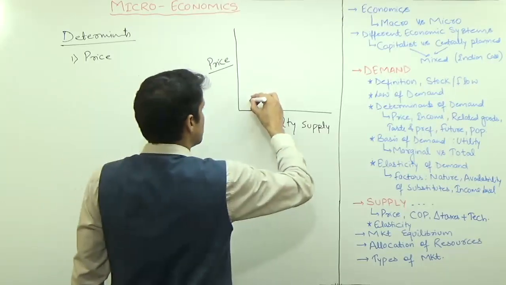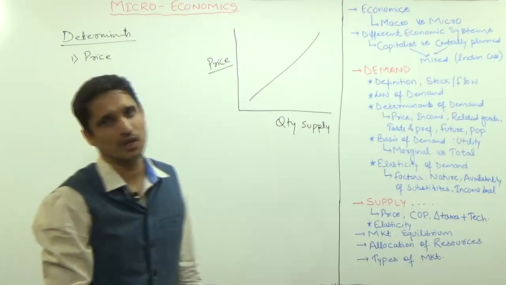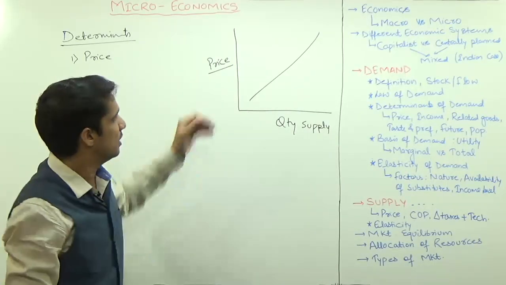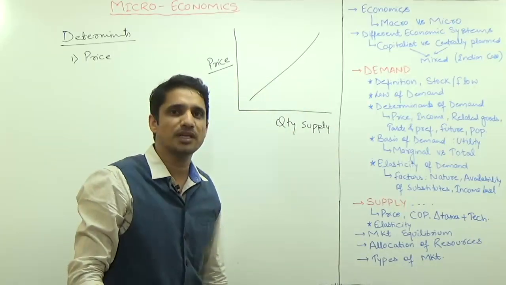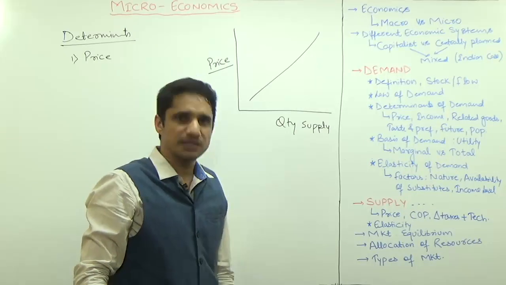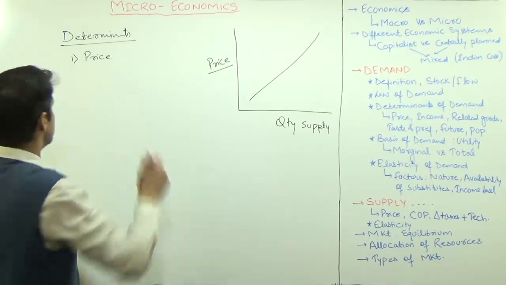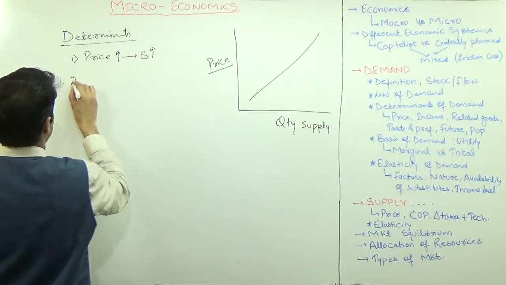So when the price increases, the supply increases, of course other things being constant. This is what the law of supply says: if the price of any commodity increases, the quantity supplied of that commodity increases by the suppliers, ceteris paribus.